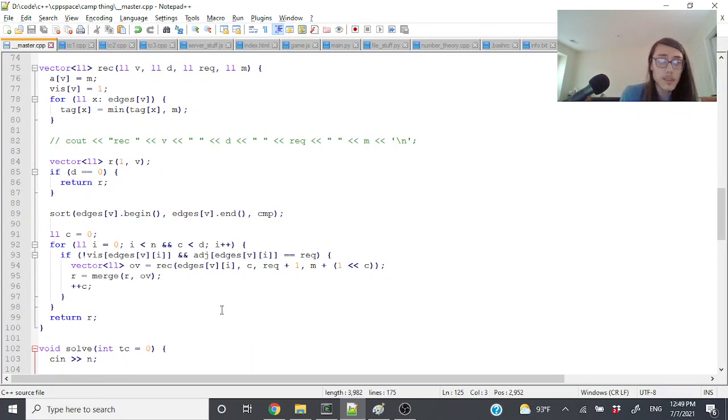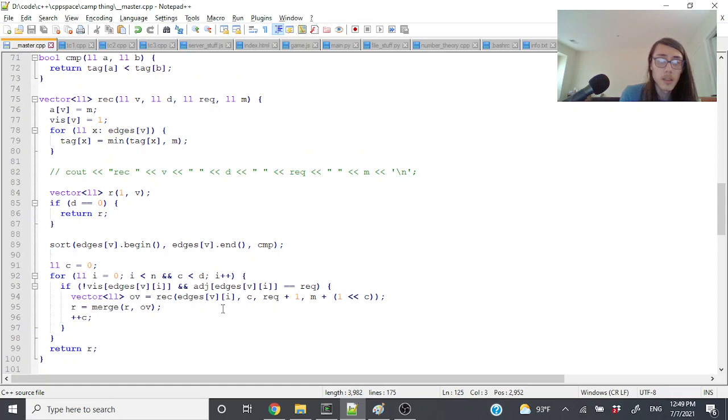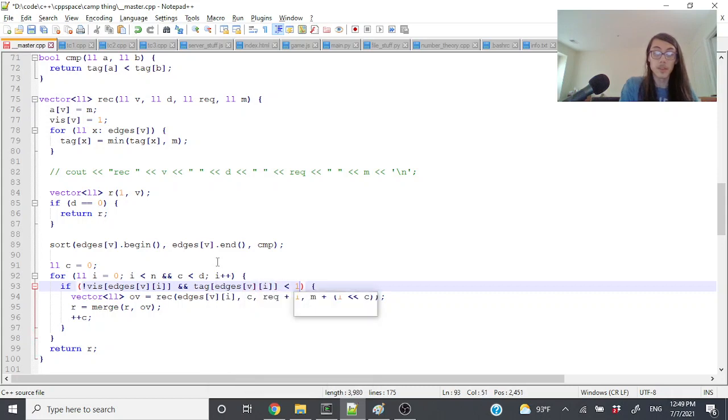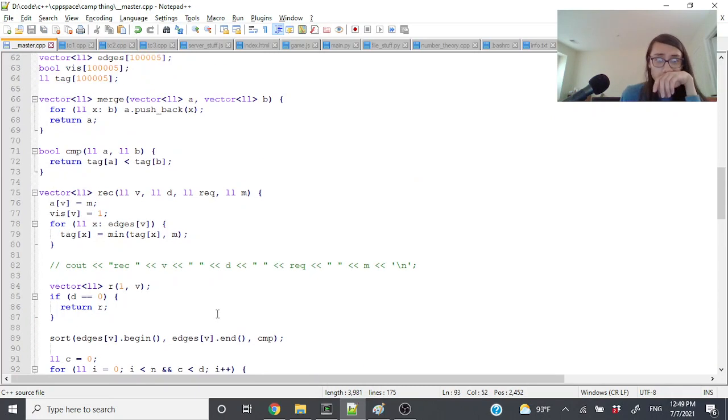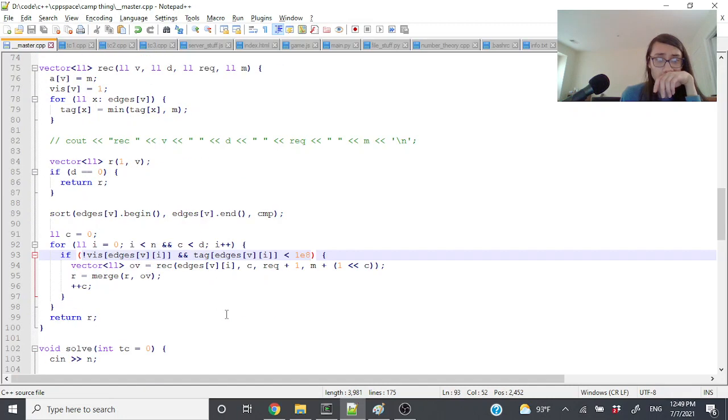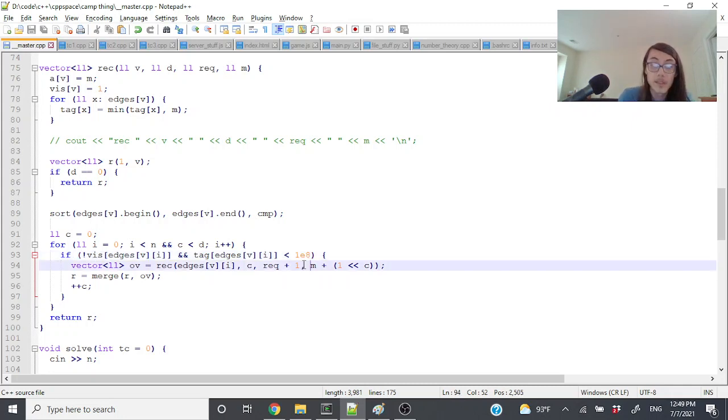Tag edges vi is less than 28. These are all tags here. Just vi, so we don't need this anymore.